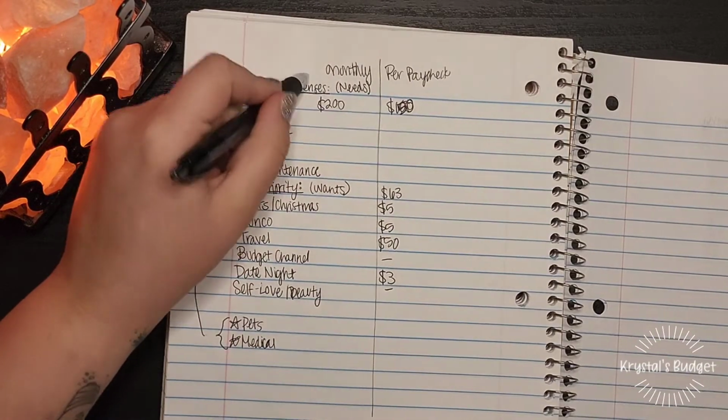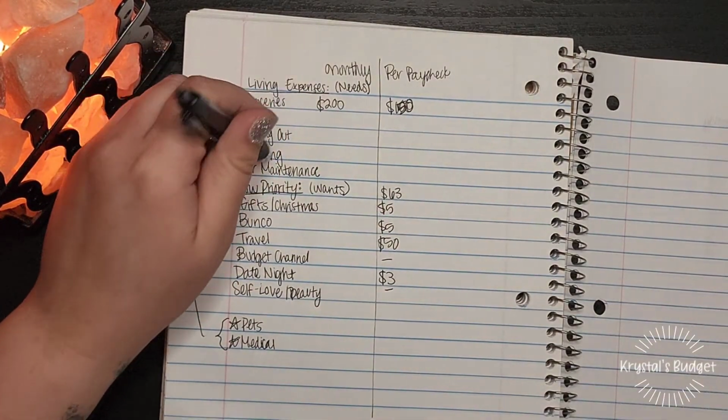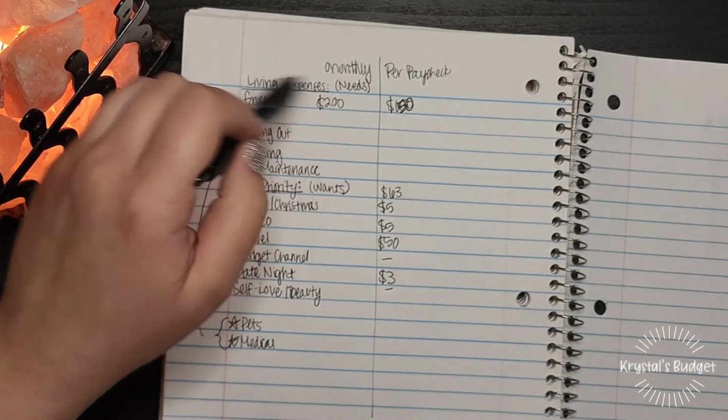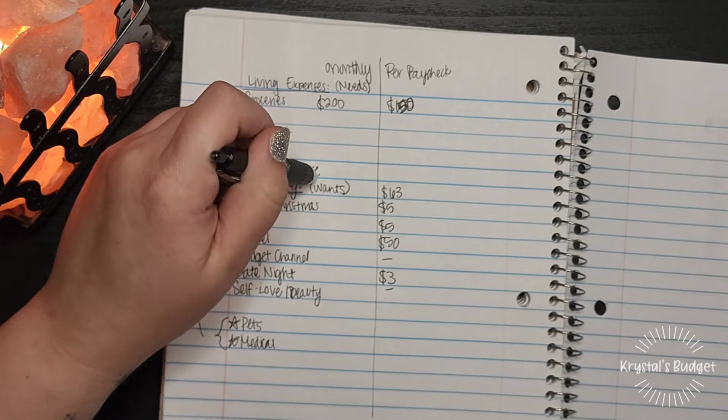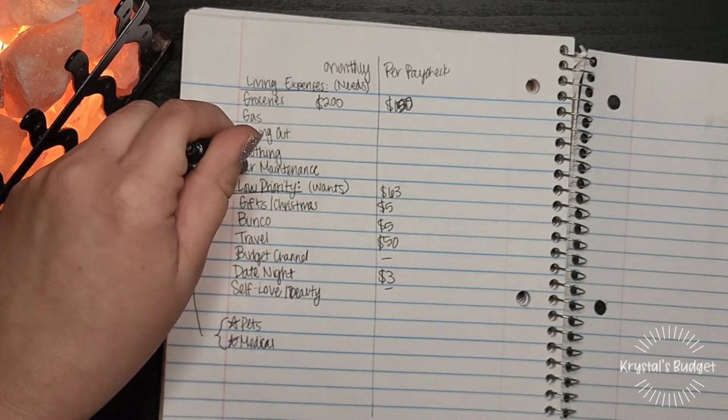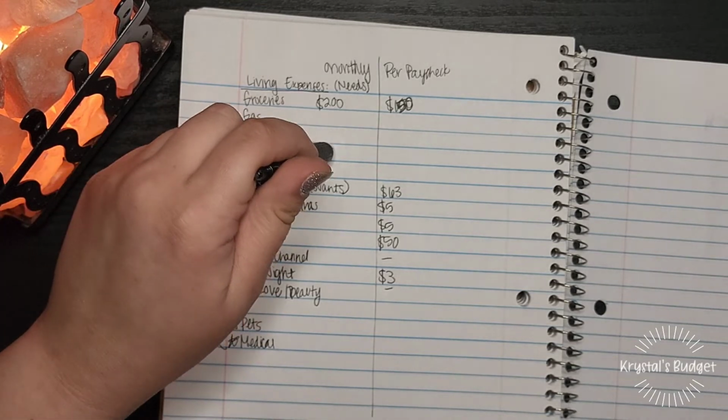And then go through and write down your variable needs: groceries, gas, dining out, stuff like that. And then you're going to write down how much you want to spend per month.